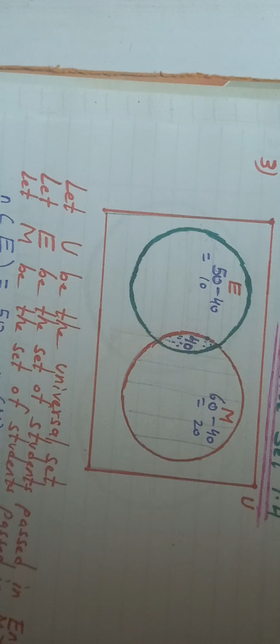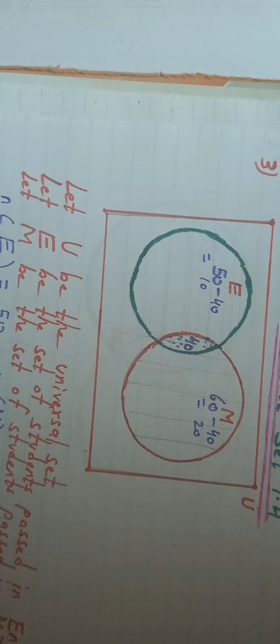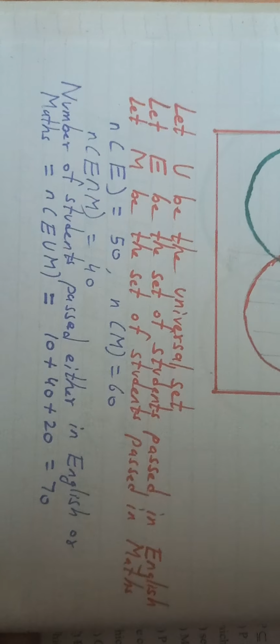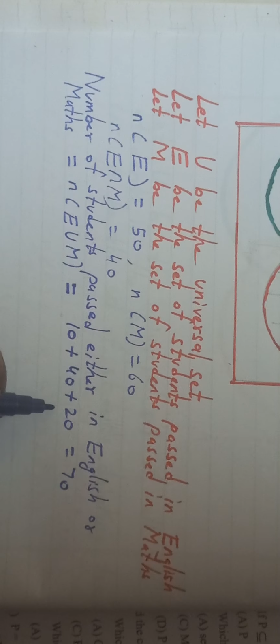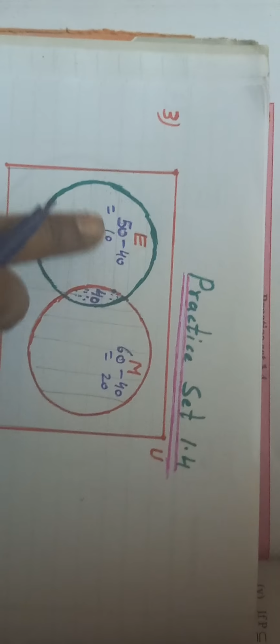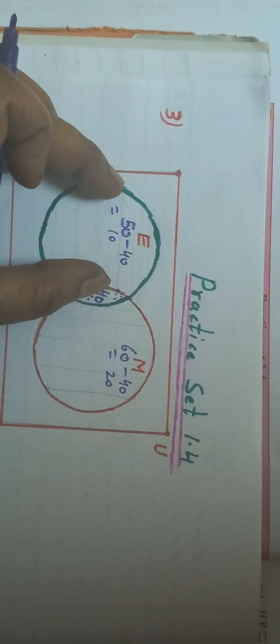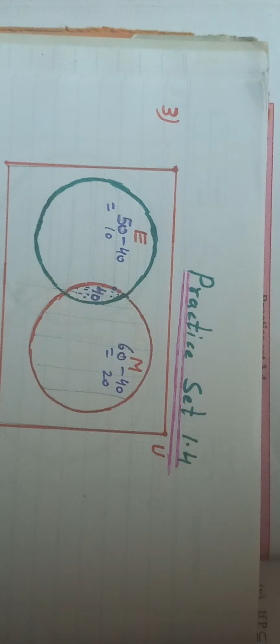N of E union M, with the help of Venn diagram, is equal to 10 plus 40 plus 20, that is 70. This is my answer with the help of Venn diagram, because I made you understand here to here, here to here and here to here, like that.